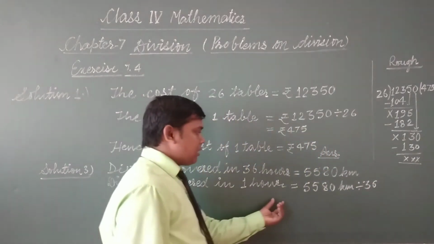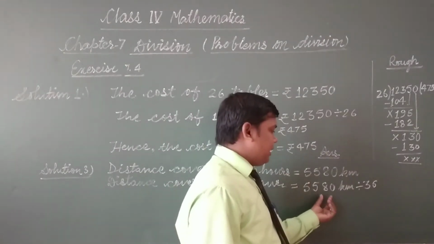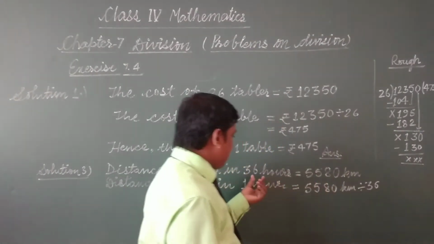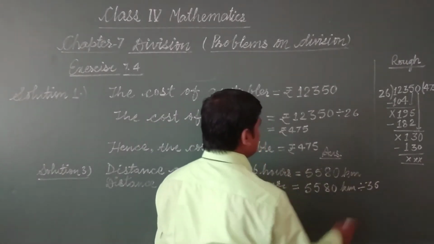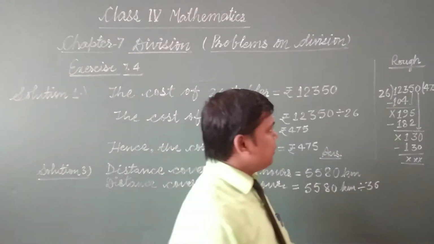Now the distance per hour will come when we divide total distance by total time. So when you divide, you will get the answer. Look at here, I am going to divide it.